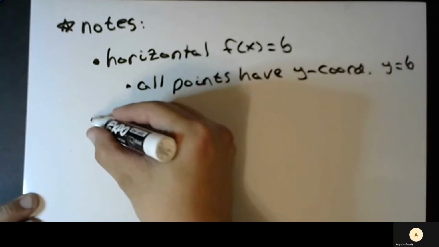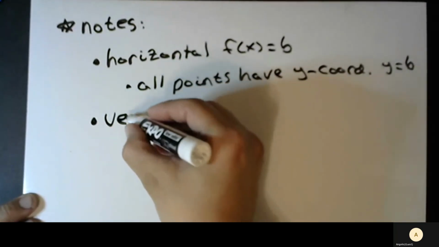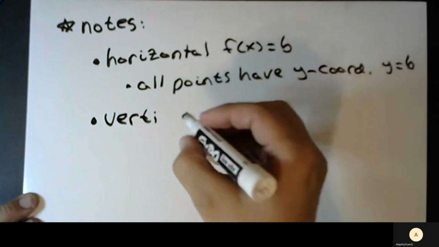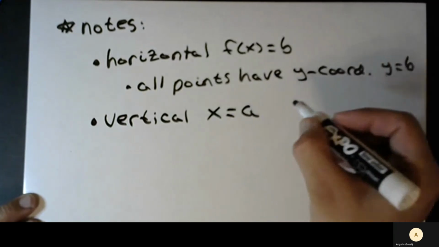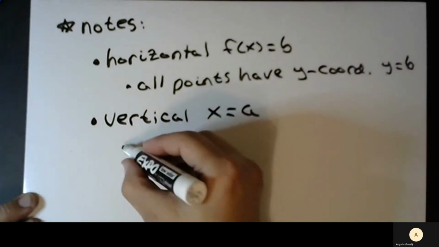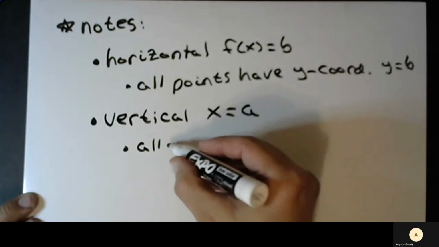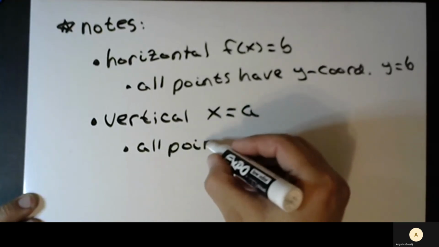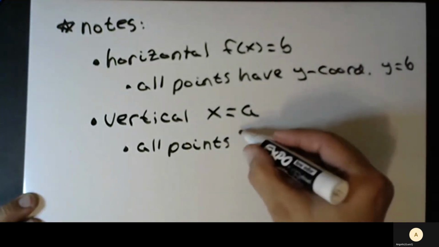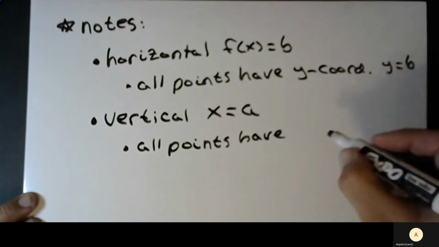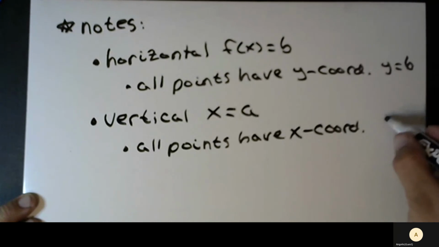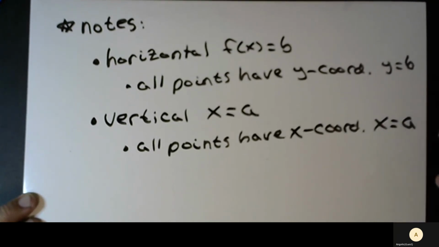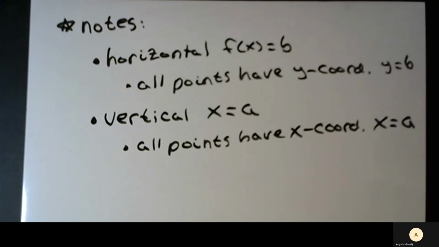And for vertical lines, all points have an x-coordinate, x equals a. So just some fun facts with horizontal and vertical lines.